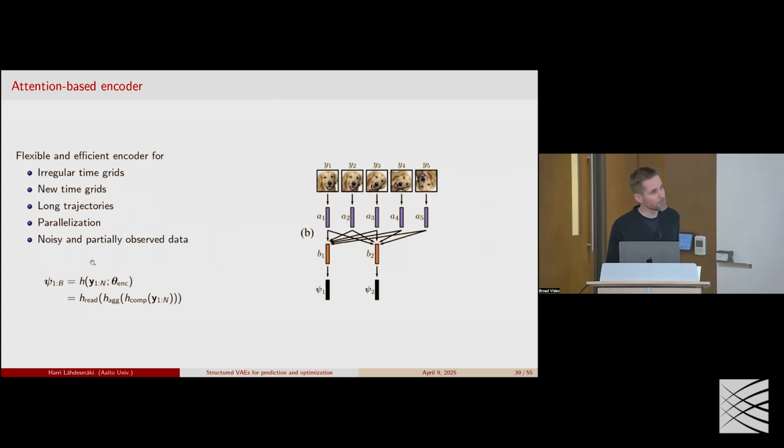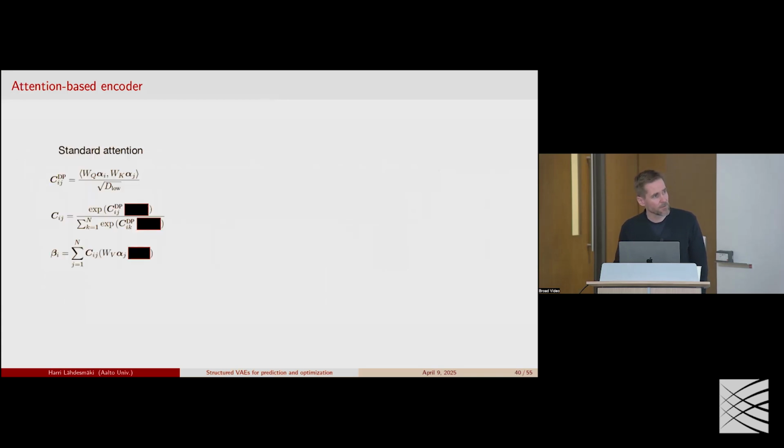And the encoder has this kind of three-step structure, where the first part compresses the high-dimensional data into some lower-dimensional representation. The aggregation part is implemented by a stack of attention layers using a specific type of attention technique, and then the last part simply reads the parameters of the variational approximation.